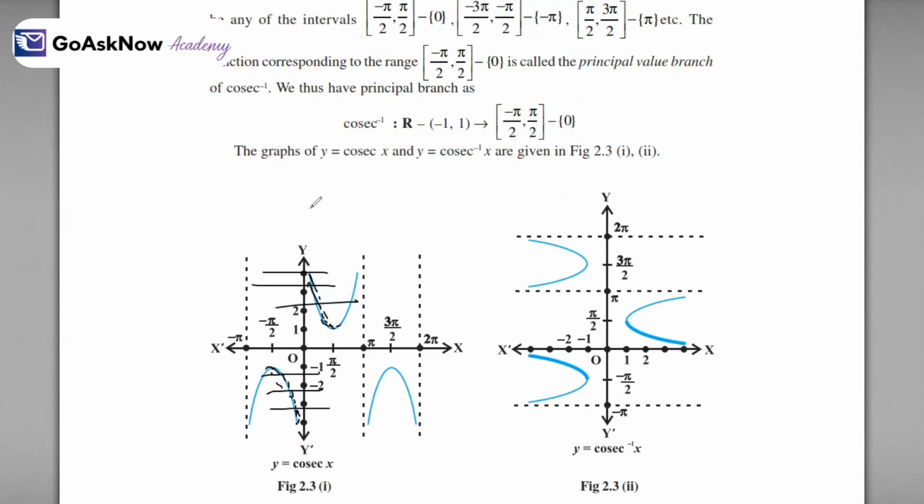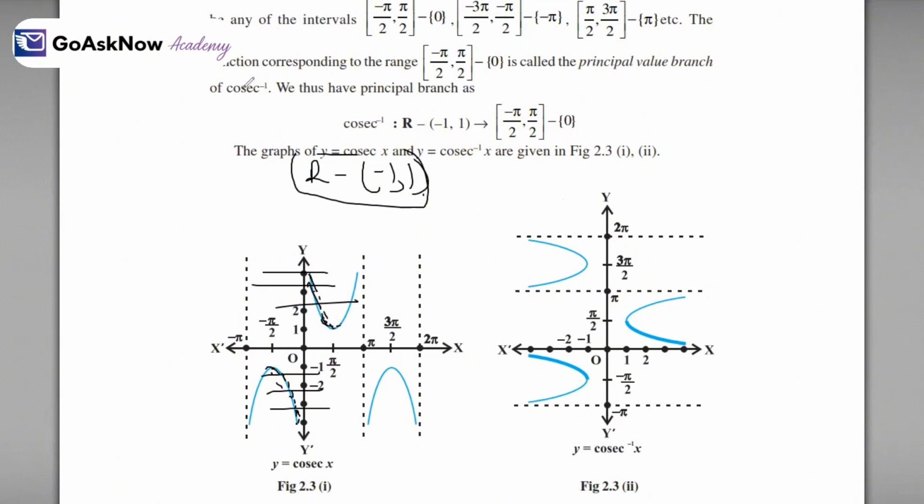It is also onto, because it covers all the points of the range, real numbers except -1 to 1, in this interval.